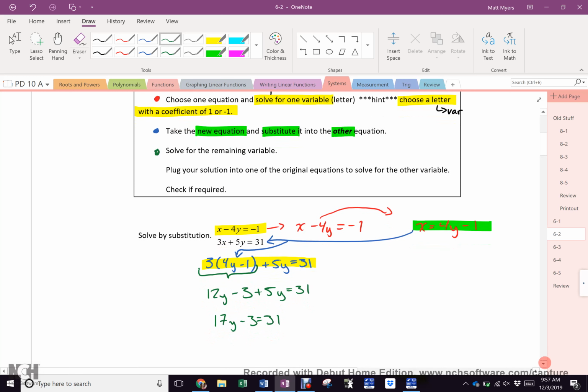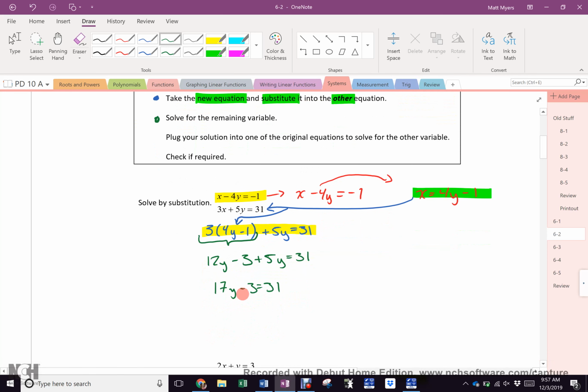And then what? You take the negative 3 from the other side, plus 3. And then what? You isolate y, divided by 17, equal to divided by 17. Yes? Yes. All right. Now, in gray, do we now know what y is?